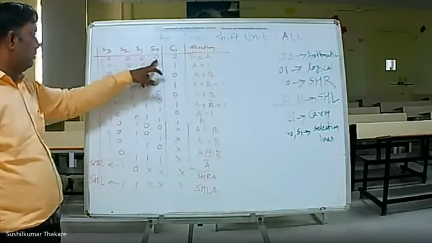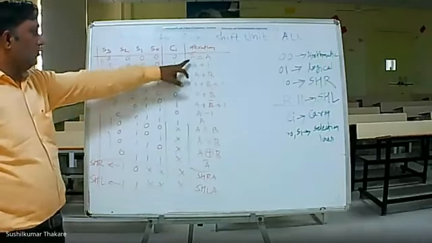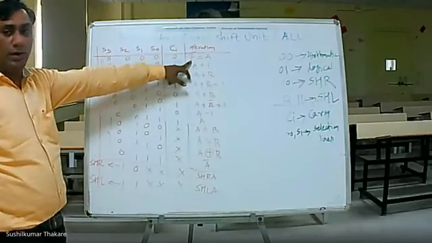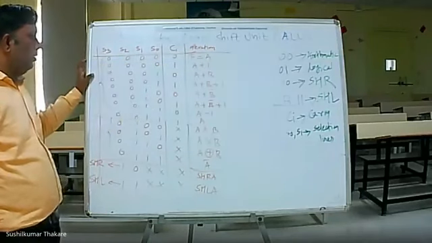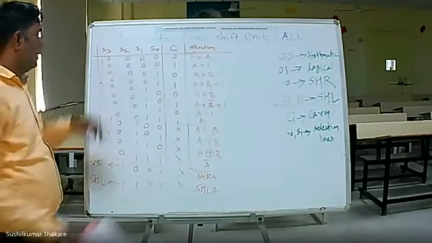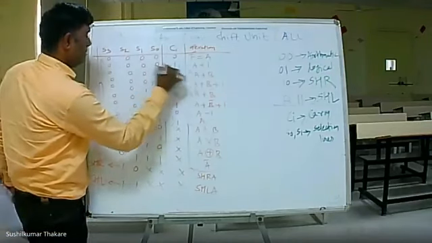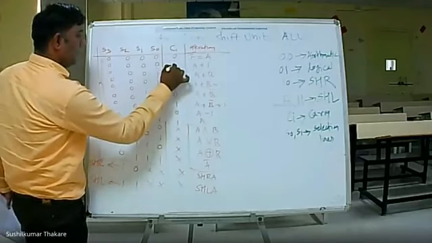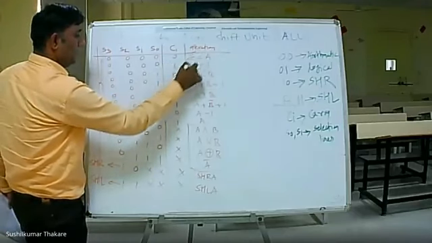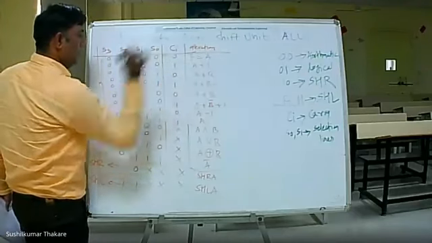If all are zeros, the function is equal to A. Next, 0 1: 1 is added, so A plus 1.